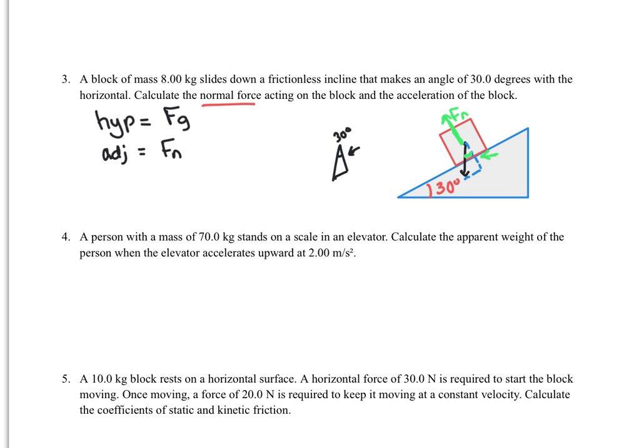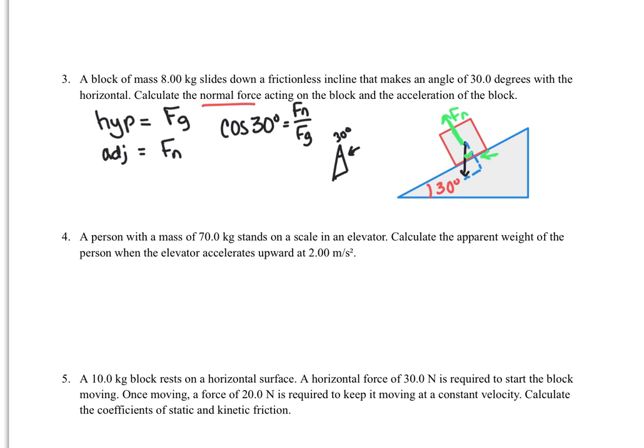I have the hypotenuse. Which trig function deals with adjacent and hypotenuse? Cosine. All right, so the cosine of my angle should equal that adjacent side divided by that hypotenuse. That's how it's always going to work out for the normal force here.